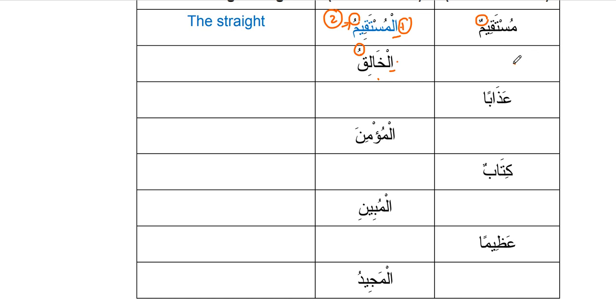So it will be khaliqun. So it's khaliq and there is a single dhamma. So if I'm making it a nakira, we will put double dhamma. So this is the sign of nakira. So that's how you will do. Khaliq means the creator. For now, I can give the meanings, so it will be easier for you to do the exercise.